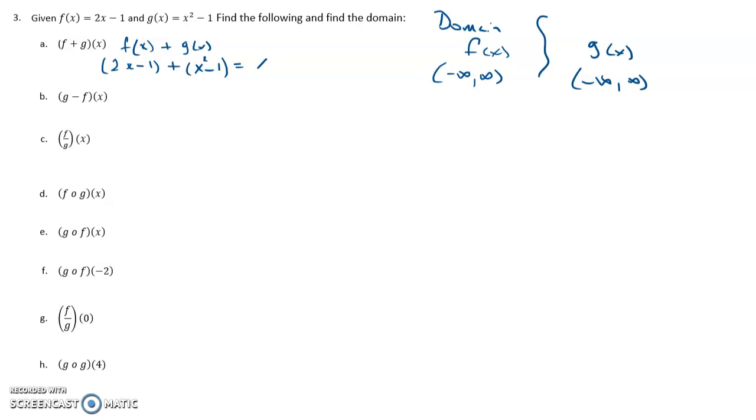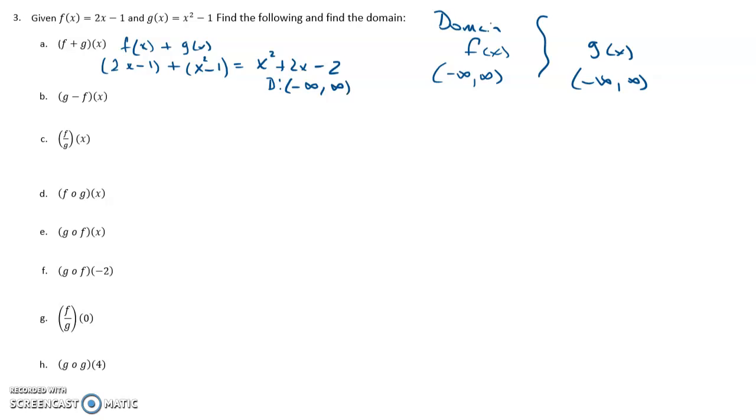So this is going to be x squared plus 2x, and then negative 1 minus 1 is negative 2. And we know that this is a polynomial, this is a quadratic, it's a parabola, so the domain of that is negative infinity to infinity.